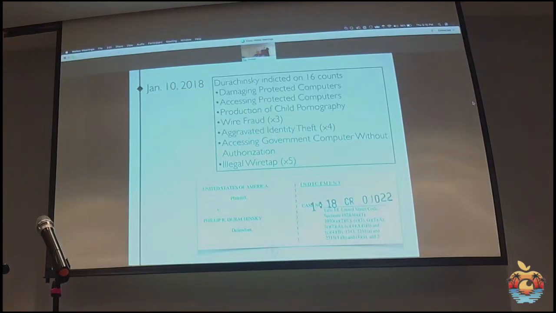There were actually 5 indicted cases where he listened in on conversations between 2 people in the court documents. So a lot of charges here being leveraged against Mr. Durachinsky.